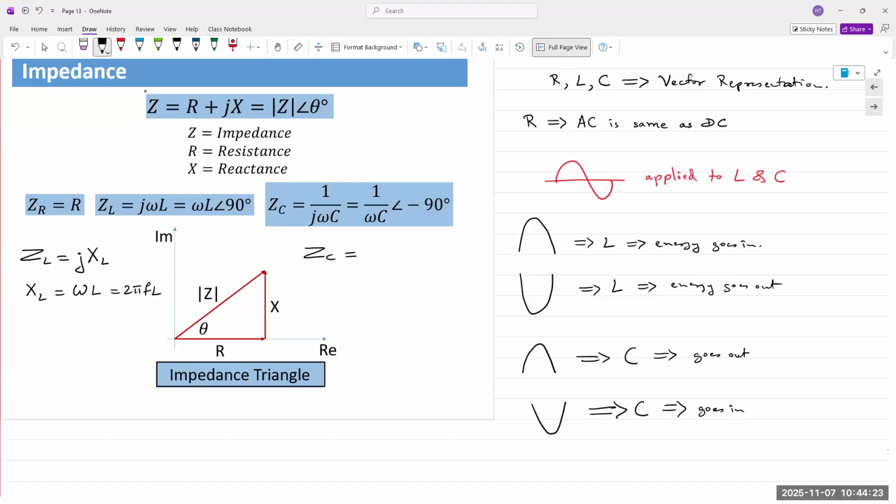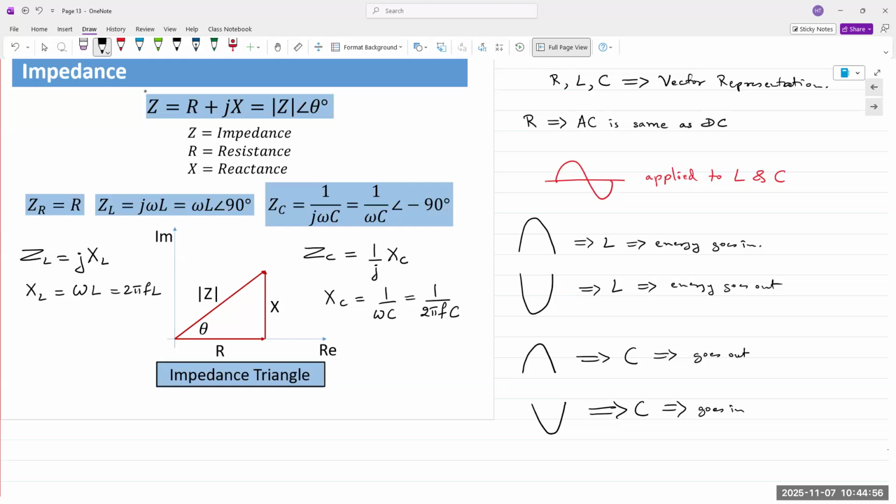So as the frequency increases, this would be 1 over jXC. As the frequency increases, the capacitor reactance and the capacitor impedance will decrease. They're inversely proportional. 1 over omega C, which is 1 over 2πfC.